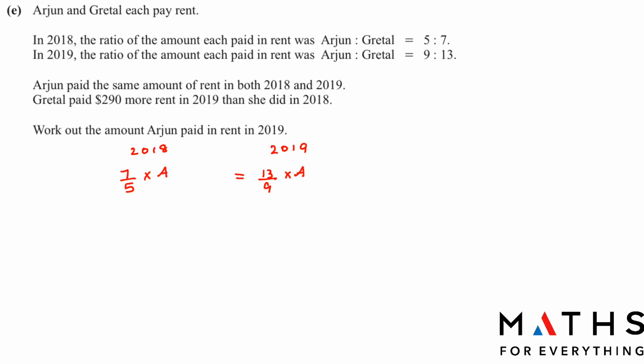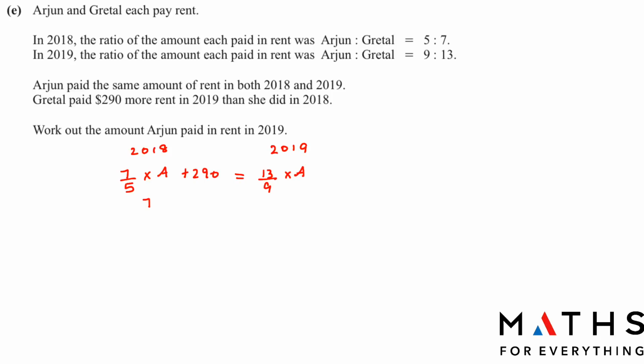If I want to make them equal, I have to also pay attention to this bit of information that she paid 290 more in 2019. So if I want to make it equal, I will have to add that 290 here.